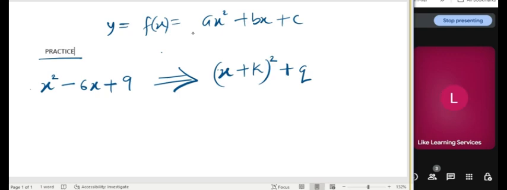First of all, just find half of the coefficient, half of b, and square it, and add that.